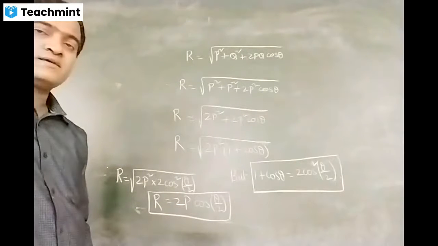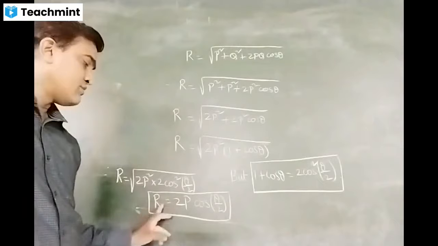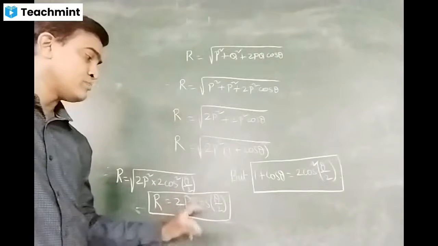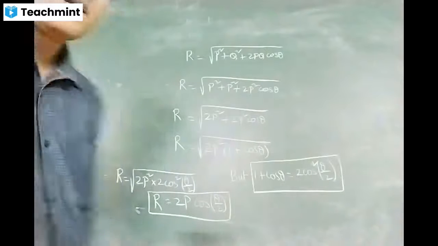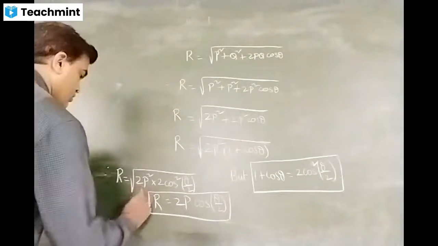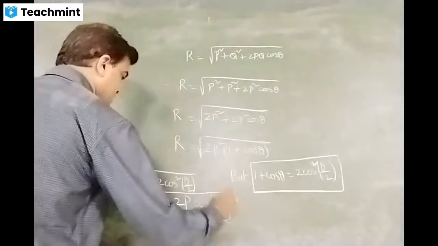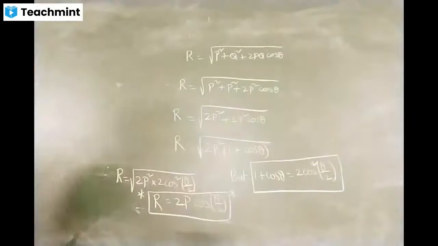So finally, I got the formula for the resultant as R is equal to 2P cos theta by 2. When will I get this answer?